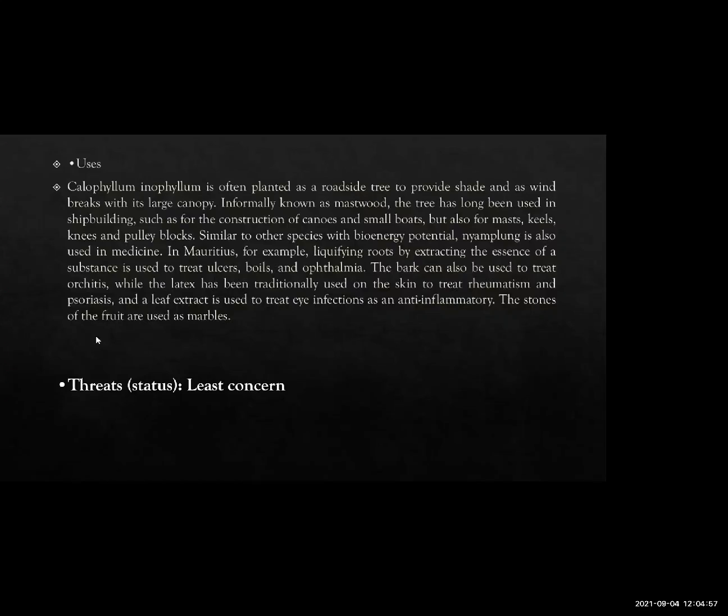Similar to other species with bioenergy potential, Calophyllum inophyllum is also used in medicine. In Mauritius, for example, the liquefied roots, by extracting the essence of the substance, are used to treat ulcers, boils, and ophthalmia.